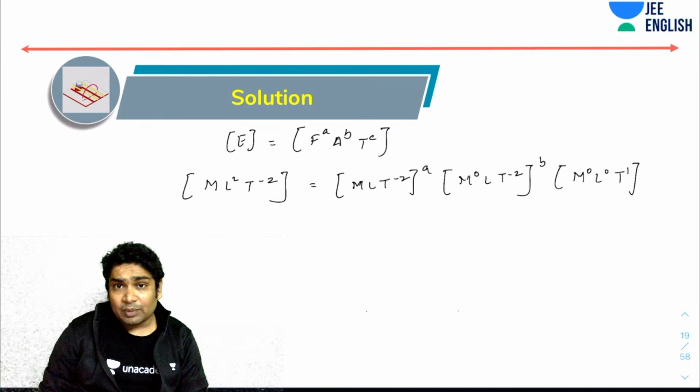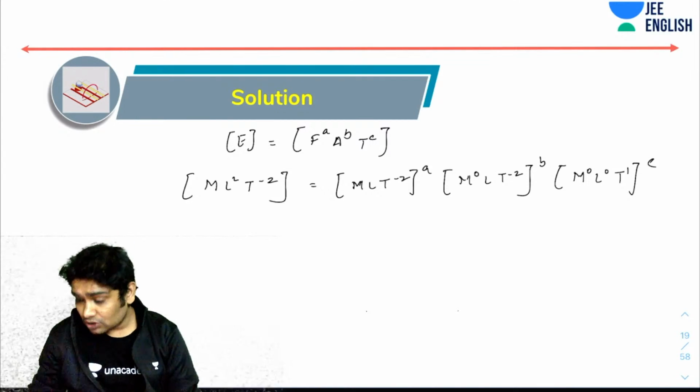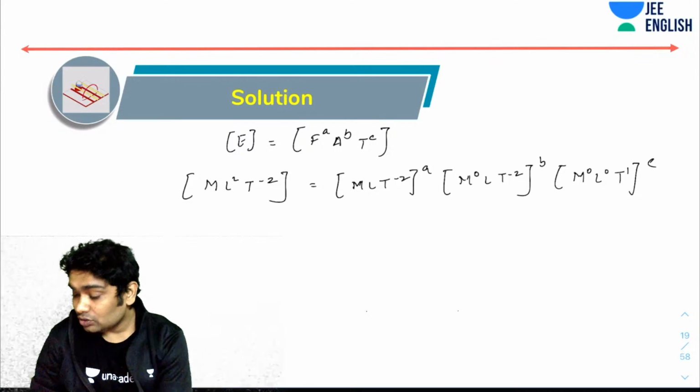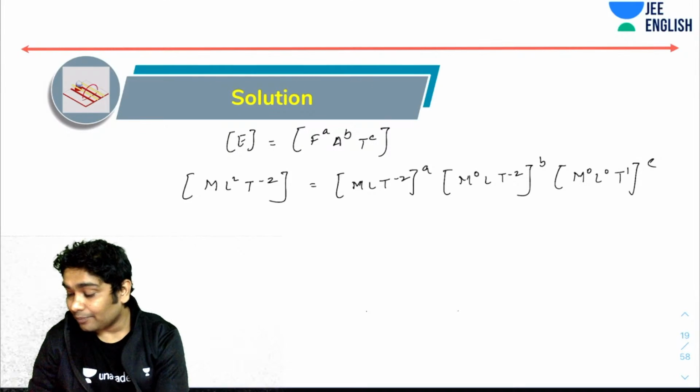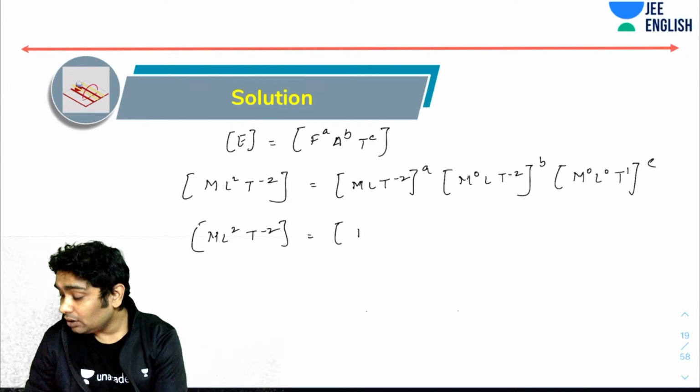So assuming I want to represent energy in terms of force, acceleration, and time, let's see what I get. What's the dimensional formula that I'm getting? Okay, so I can say that this is equal to M to the power of a, and you have L to the power of a plus b, then you have T to the power of minus 2a minus 2b plus c.